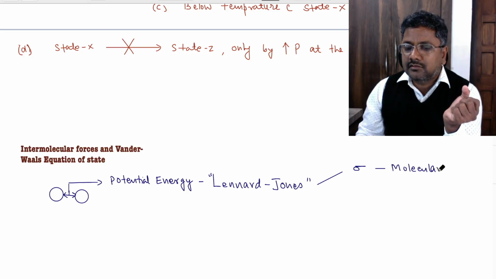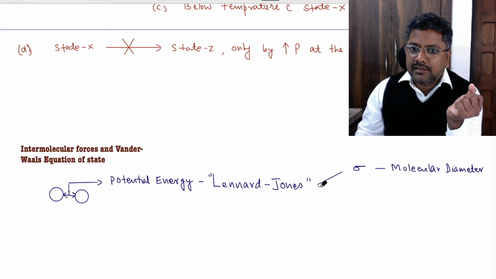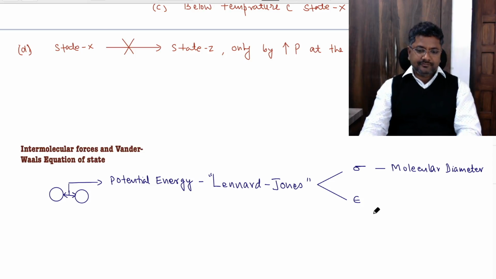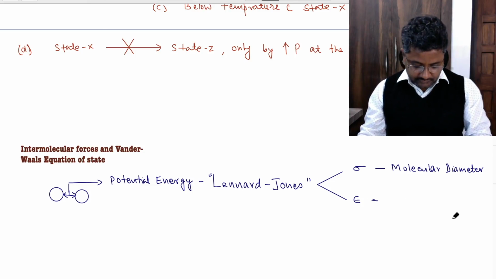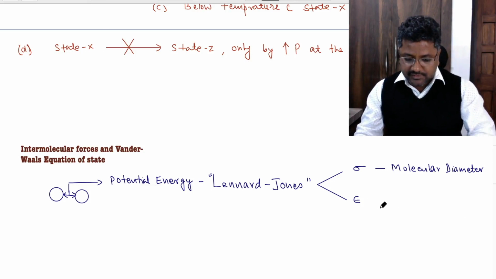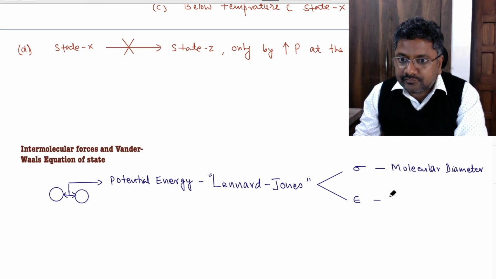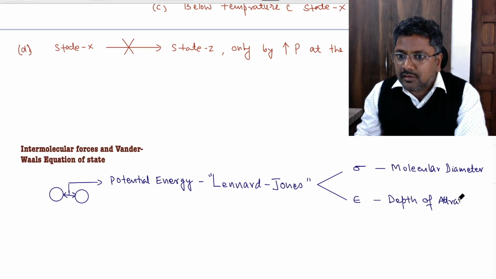And the other parameter he suggested is epsilon. This is the depth of the attractive well.